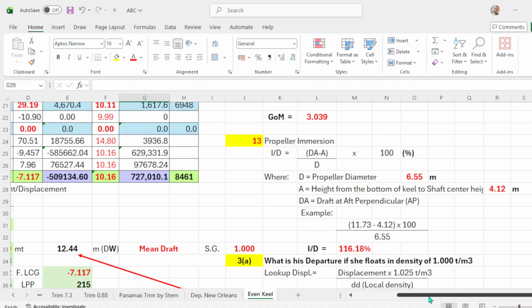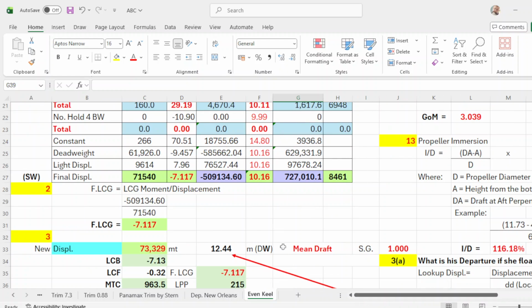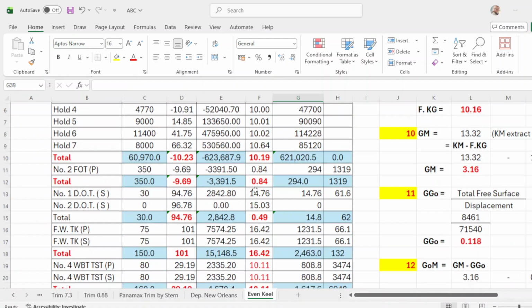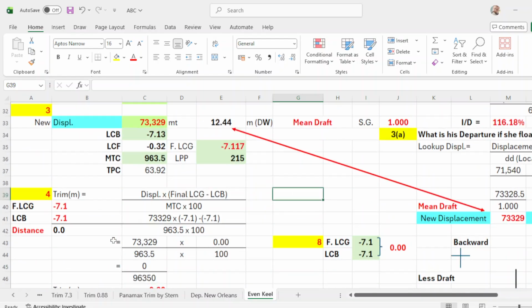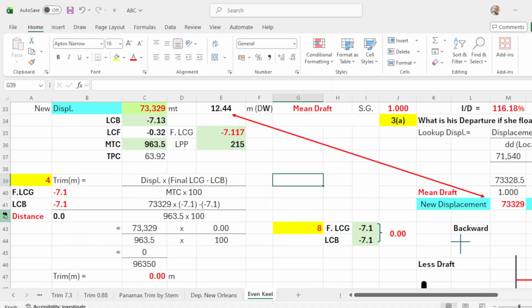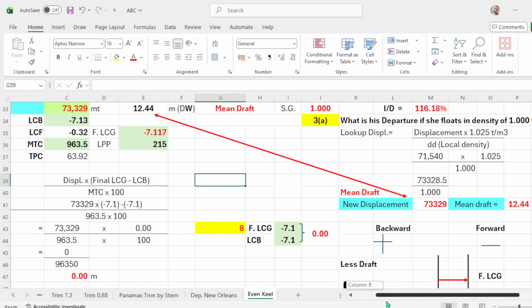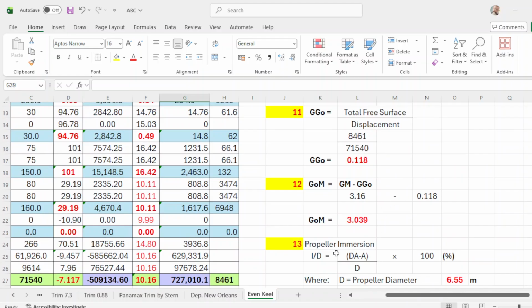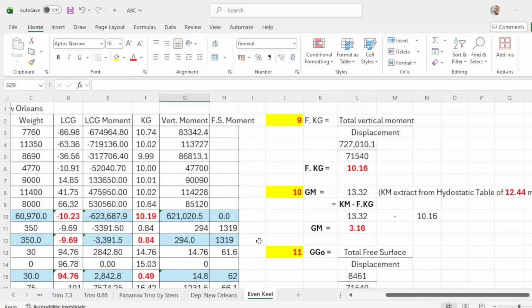Okay, so with this presentation of departure condition, your lines will show you that your KG, final LCG and LCB are on the same line, a vertical line, so there is no trim. You are at even keel, okay? And as well as you can get your KG, your GM, GGO, GOM, okay? And so this segment stops from here, okay?